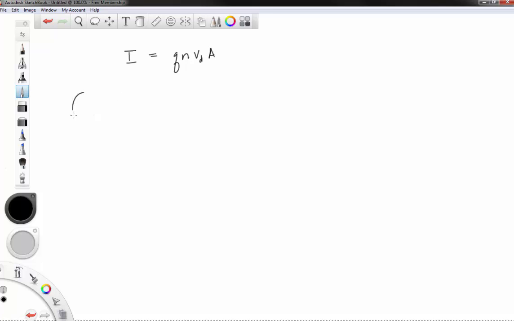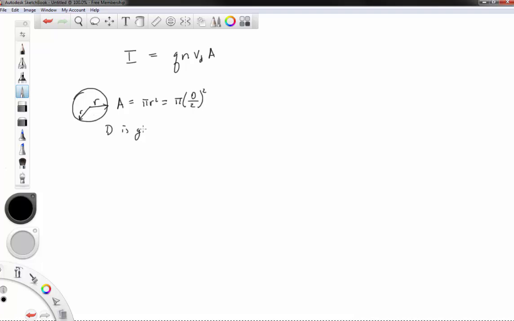Well, looking end on for the wire, here's the end of the wire. It has a radius of R. It has a diameter of D. The area of this wire must be pi r squared, which is the same as pi times D over 2 squared.